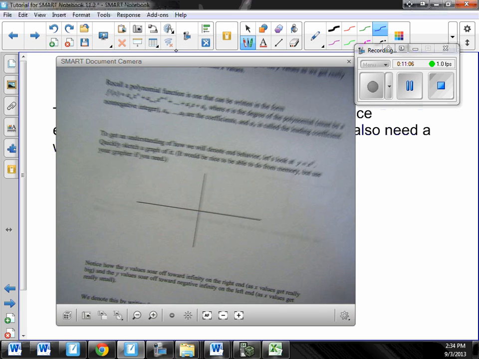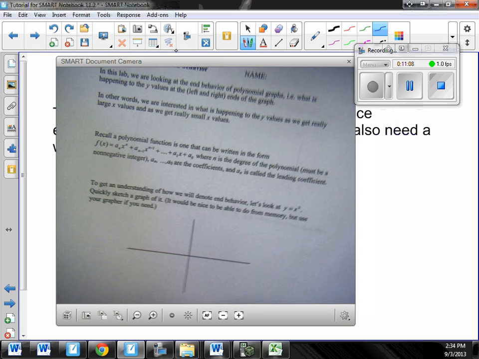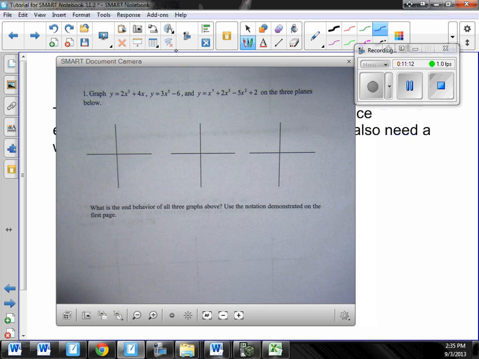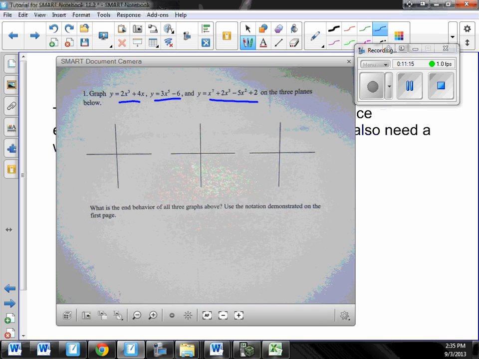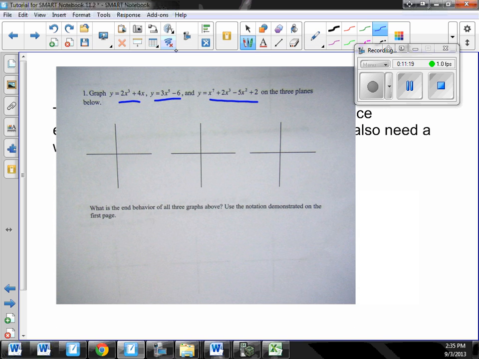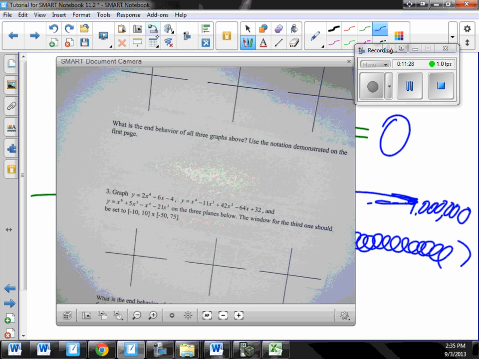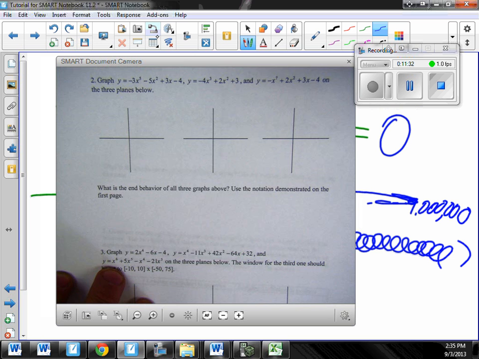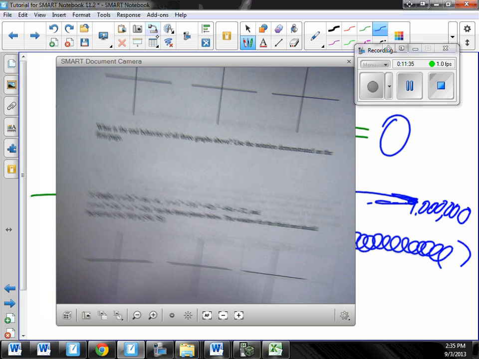So on some of the other pages, you have 3 functions that you need to graph. So graph those 3 functions, and then turn the page. On the next page, you have 6 functions to graph. 3 there, 3 there. And then on the last page, you also have 3.